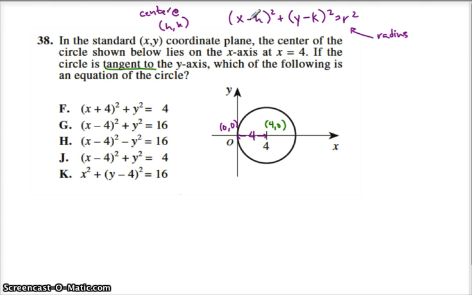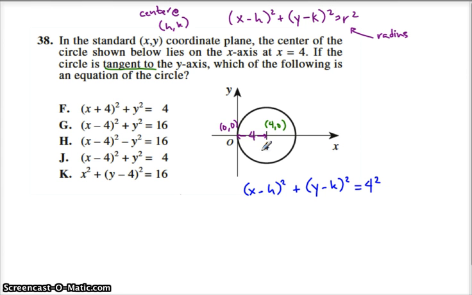So we have x minus h squared, I'm going to write it down here again, x minus h squared plus y minus k squared equals r squared. So let's change out some values. Well, we know that the radius is 4, so instead of having r squared, we can put in 4 squared.